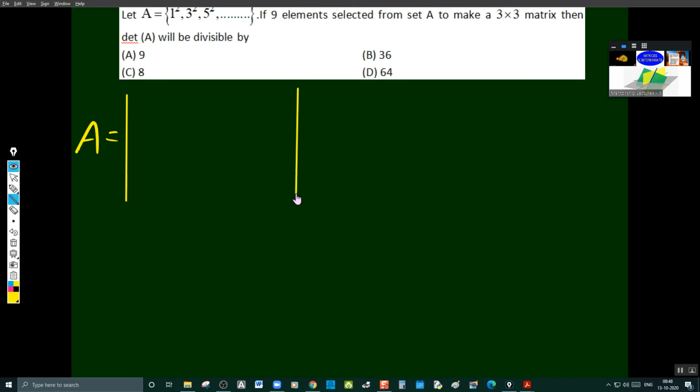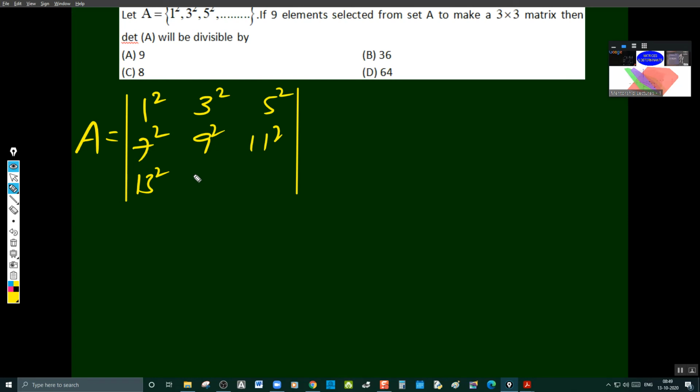Consecutive will give you a comfortable arrangement: 1 square, 3 square, 5 square, 7 square, 9 square, 11 square, and again 13 square, 15 square, 17 square. What he means to say is that there is a 3 by 3 matrix formed, and this determinant is always divisible by 9, 36, 8, 64, like that he has given.